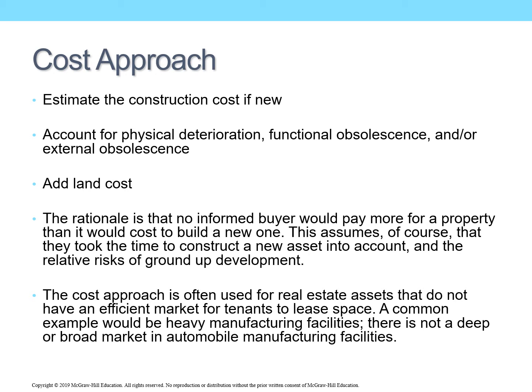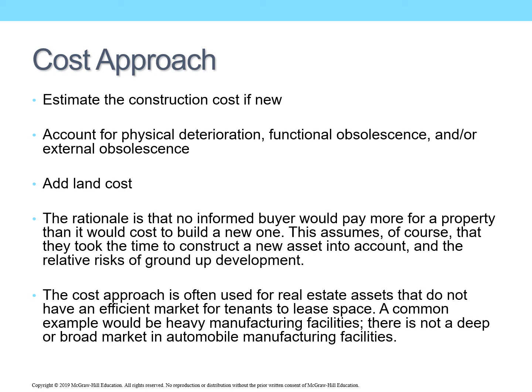We then account for physical deterioration, functional obsolescence, and/or external obsolescence, and then add in the value of the land. So, the process is exactly the same: cost new of the improvement minus accrued depreciation plus land value.